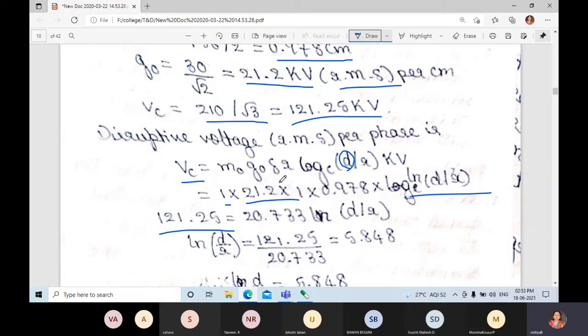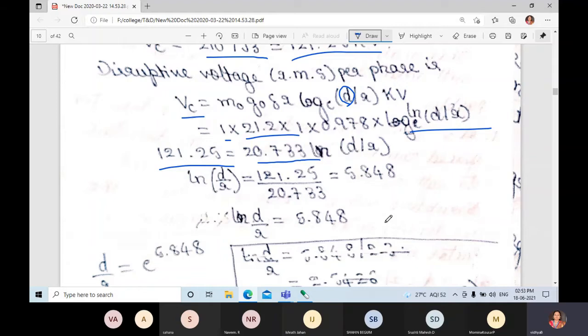And M0 G naught delta R multiplied, what you will get? 20.733. Next, ln D by R, because we don't know the value of D, we need to find it. ln D by R is equal to 121.25 divided by 20.733. You will get 5.848.